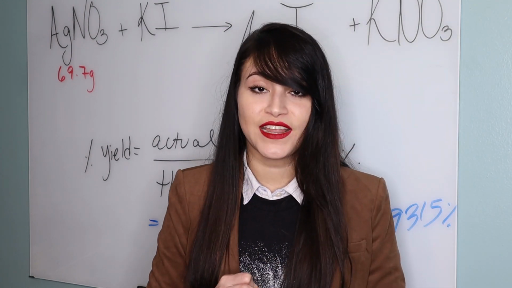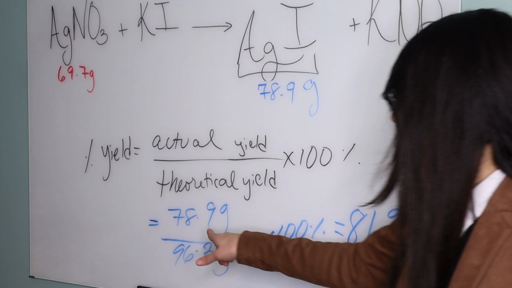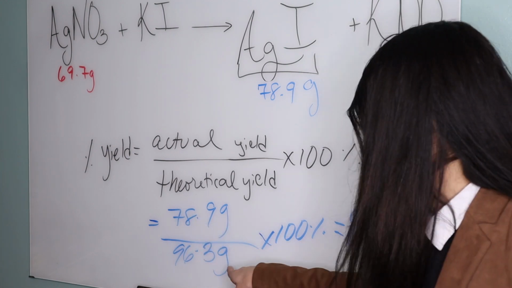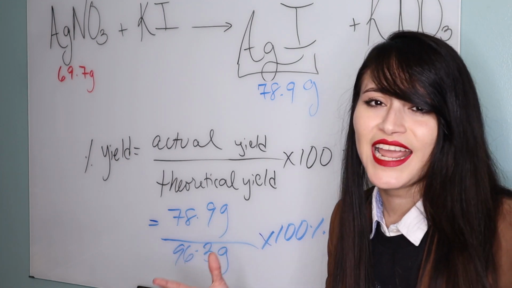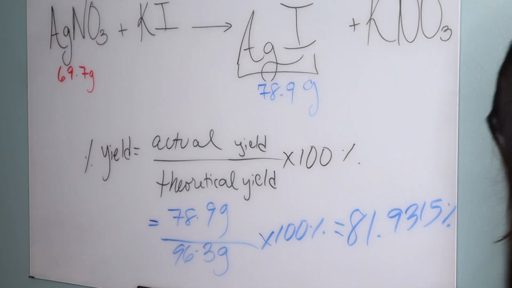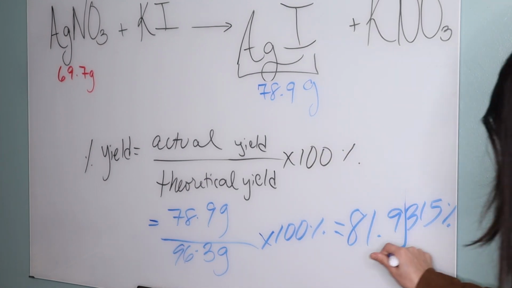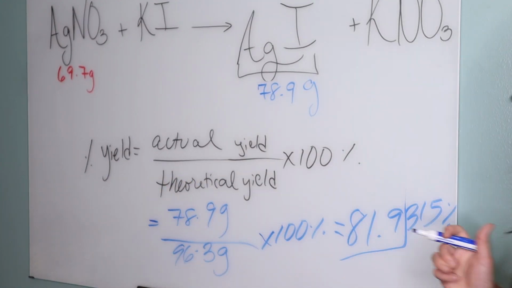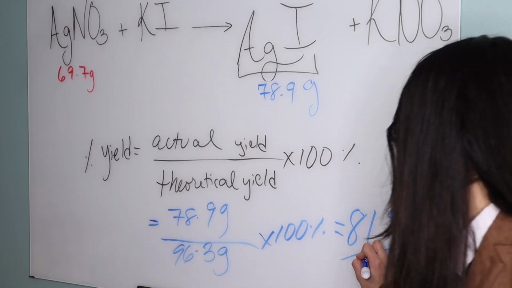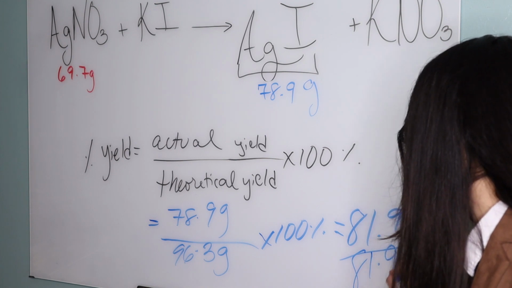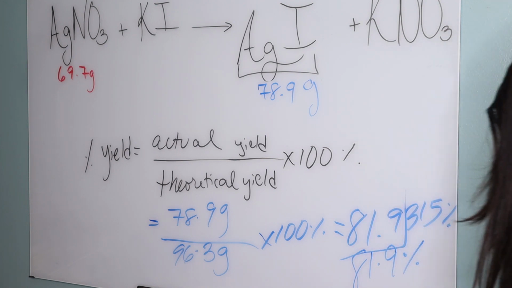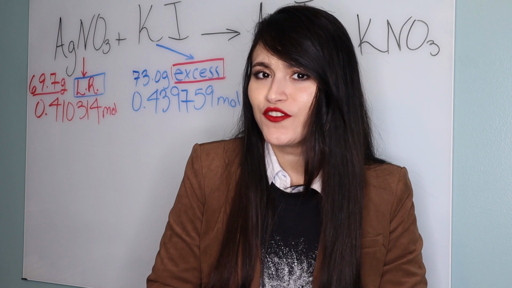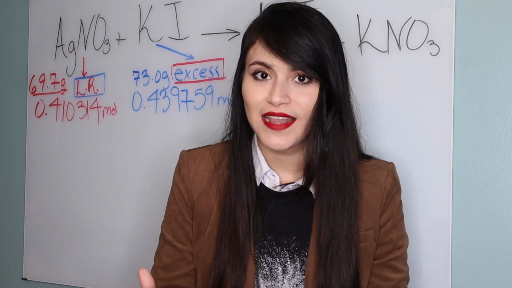But let's not forget about our sig figs. We have 3 significant figures here and 3 significant figures here, so our answer should also have 3 significant figures. So we go 1, 2, 3, stop right there. See if we have to round. We do not. So our final answer comes out to be 81.9%.